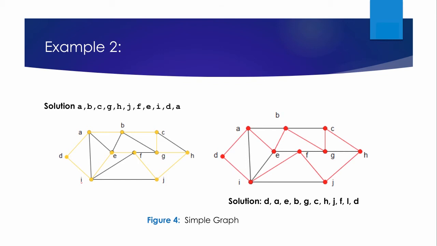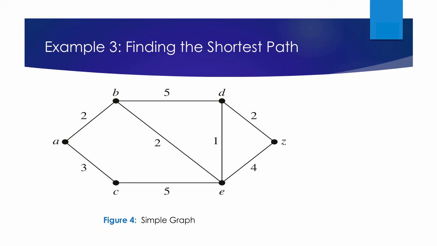Now let us make a link between the use of Hamilton circuits to solve the traveling salesperson problem for the graph shown in figure 5, by finding the total weight of all Hamilton circuits and determining a circuit with minimum total weight. First, we make a table similar to table 1 shown in the slide.